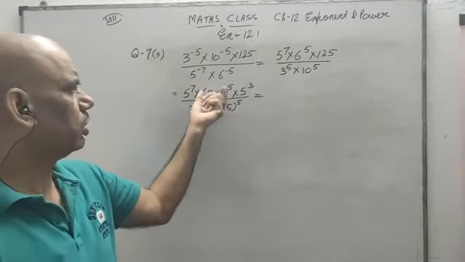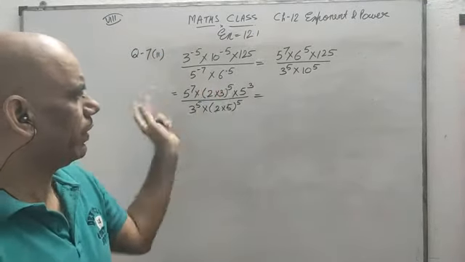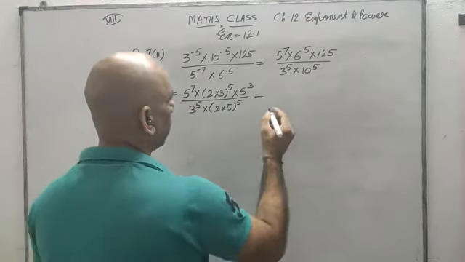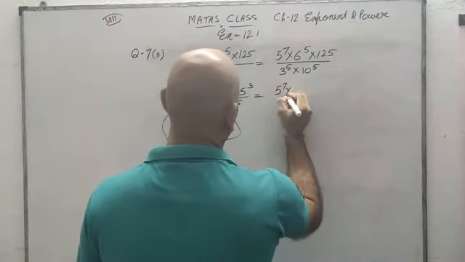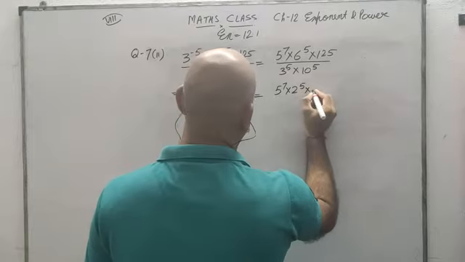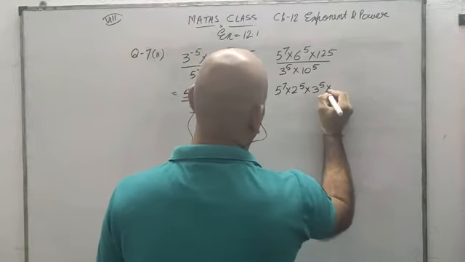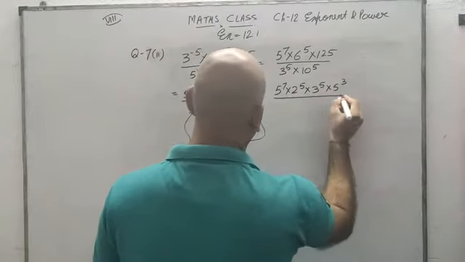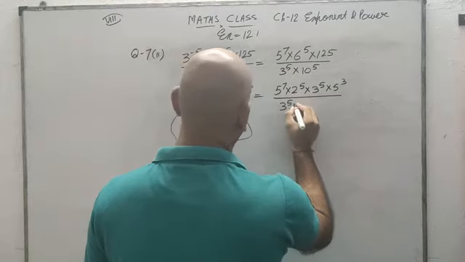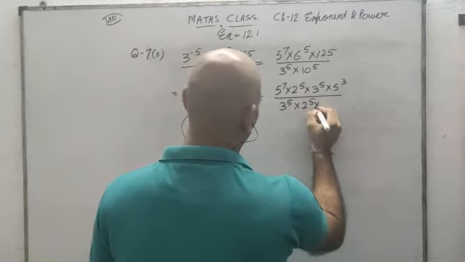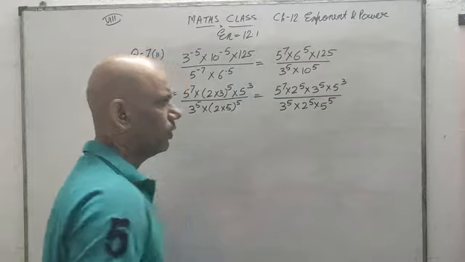This is the laws of exponent that if there is a combined power, it can be separated in both of them. So 5 to the power 7, 2 to the power 5, 3 to the power 5, 5 to the power 3, 3 to the power 5, 2 to the power 5 and 5 to the power 5.